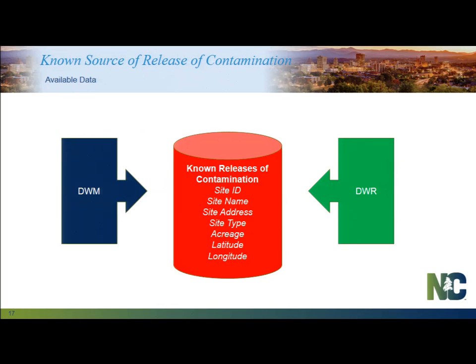So that's basically what it looked like. We've got these two groups, DWM and DWR, that are feeding data into this one consolidated system. And you can see the data dictionary there is quite simplistic. Site ID, site address, those kinds of things that I just mentioned. But that was what we could support over all of our databases, or all of these parent sources of data.